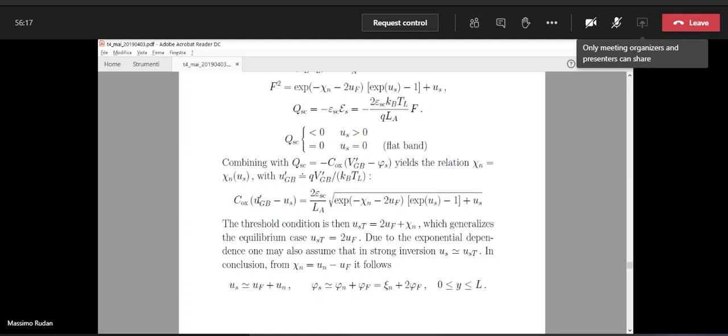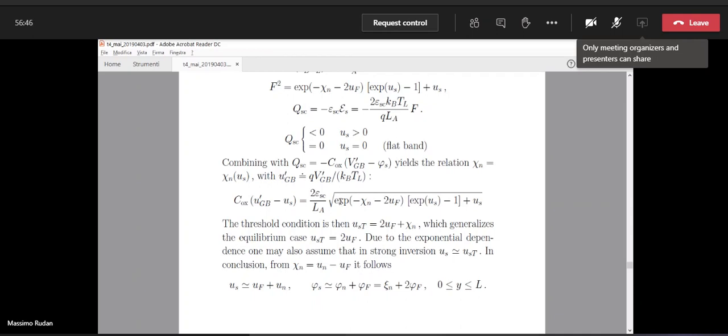At this point, let's increase UGB prime. If we do it, we expect that the surface potential will also increase. But this increase is large. Not the increase in US. The increase in the exponential of US is large if US increases.